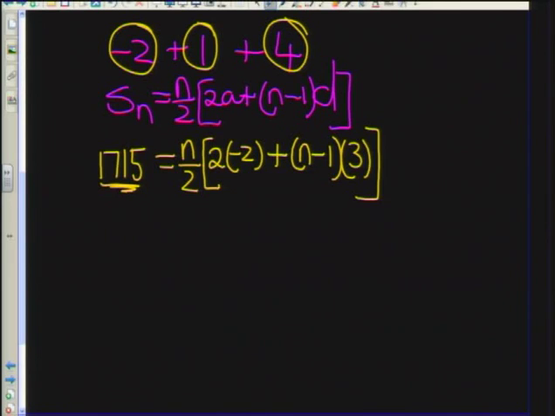Whenever I'm calculating how many terms, my unknown will naturally be n. In the place of a, I put in my first term, and my first term in the number pattern was -2. And then in the place of d, I put my common difference, which is what I add from one term to the next.